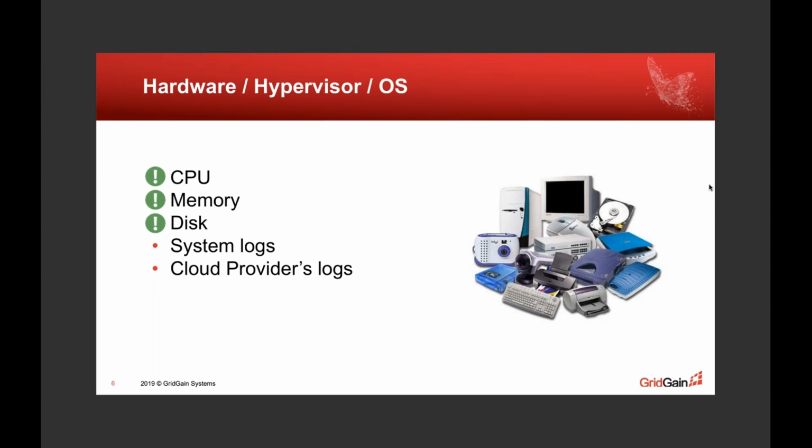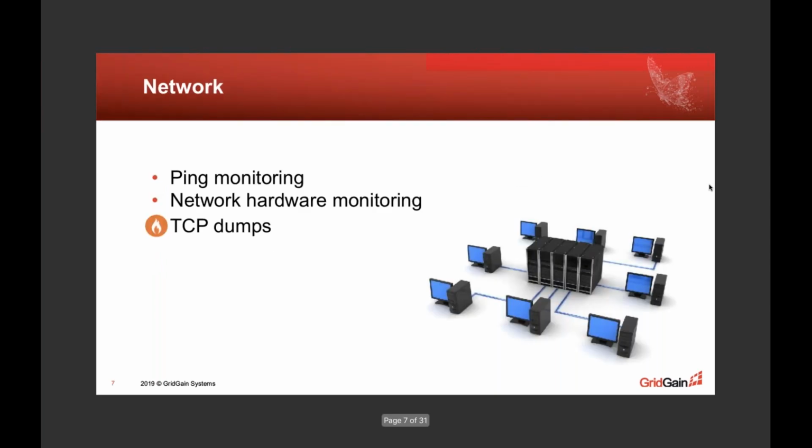and it's good to know where it is stored and where to look in case it's needed. Also, if you have a cloud provider, then usually it gives you logs that you may also look at. On the hardware level, also usually network is monitored, and here you can take different approaches.